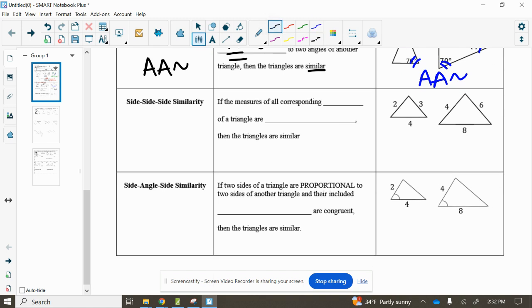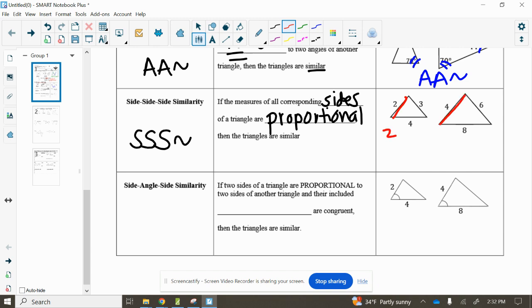Our second method to prove if triangles are similar is side, side, side. Now this time, if all of the corresponding sides of one triangle are proportional to the sides of another triangle, then the triangles are similar. So essentially, we're looking to make sure the corresponding sides have the same scale factor. So 2/4 is our smallest side, and then we check out our medium-sized sides, so 3 and 6.